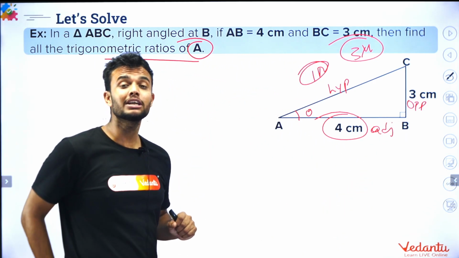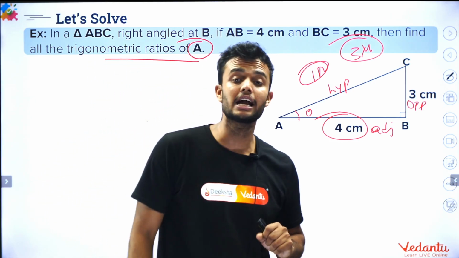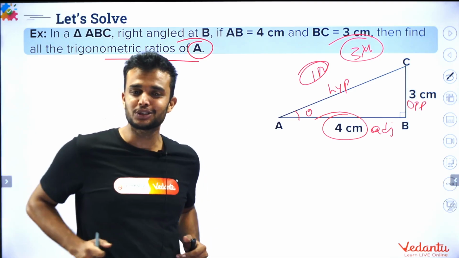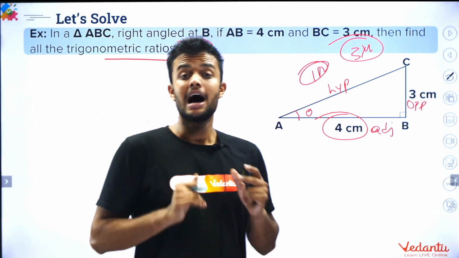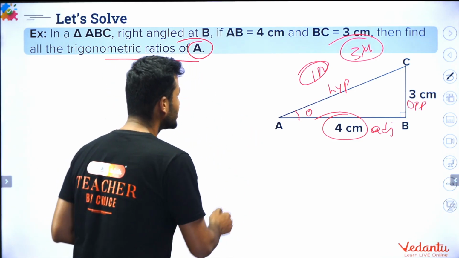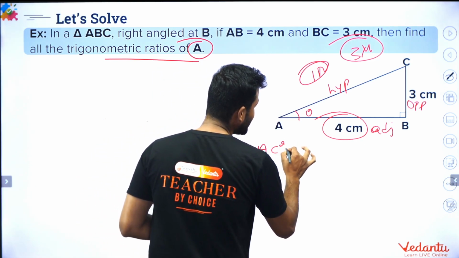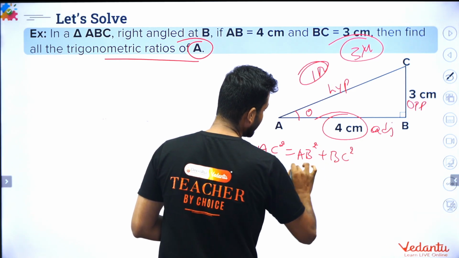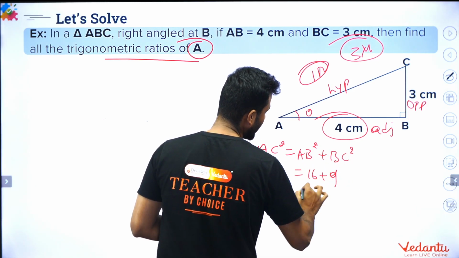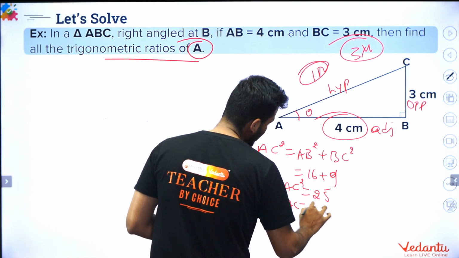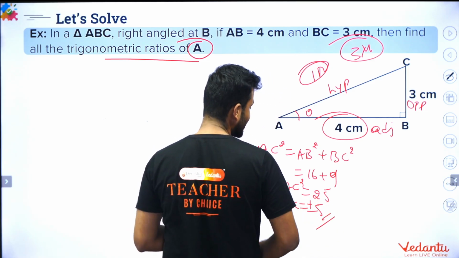By using Pythagoras theorem: the square of the hypotenuse is equal to the sum of the squares of the adjacent and opposite sides. AC square is equal to AB square plus BC square, 16 plus 9, that is equal to 25. AC is plus or minus 5, which is 5 centimeter.